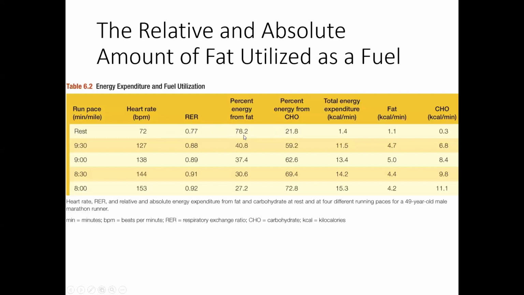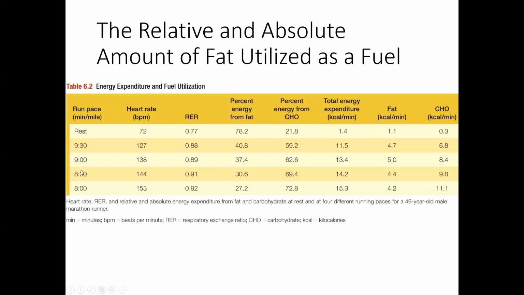So this is telling you that this individual is burning 78% of his calories from fat and 22% from carbohydrate. That's 1.4 calories a minute, with 1.1 calories from fat and 0.3 from carbohydrate. Because they're only burning 1.4 calories a minute, the majority of that is coming from fat.